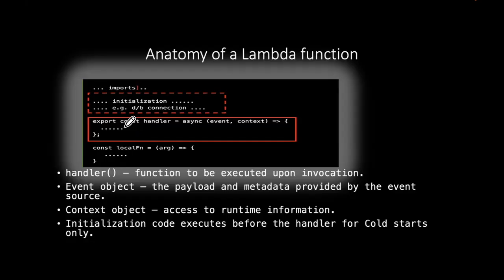Where you create the connection to the database is in your initialization code. You can put it inside the handler, but that's considered bad practice. The place to put that would be in your initialization code.